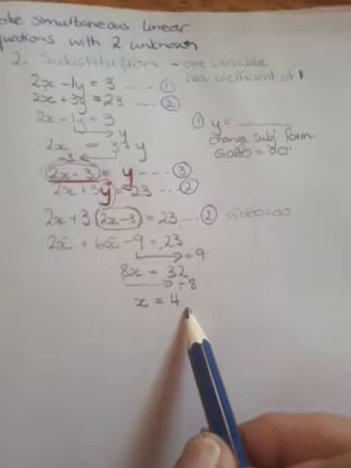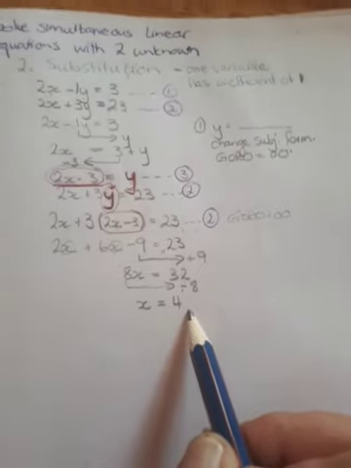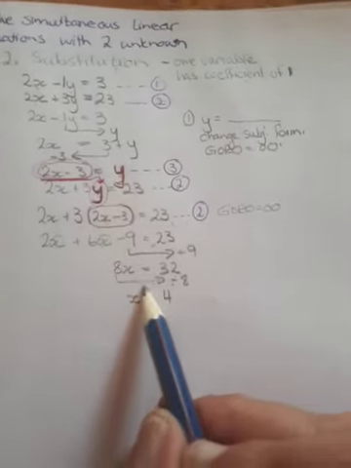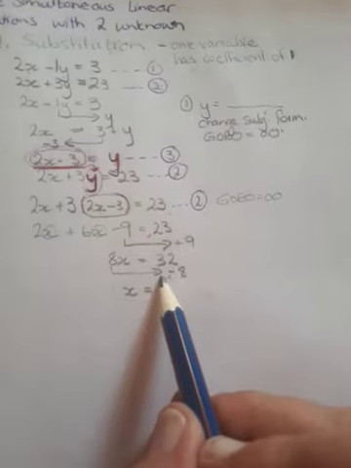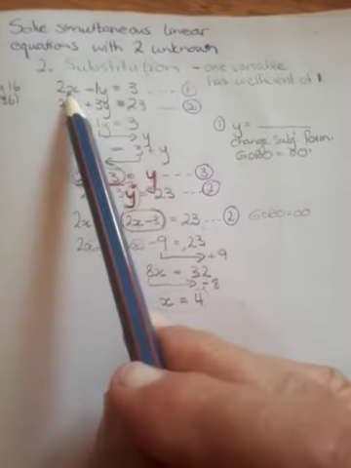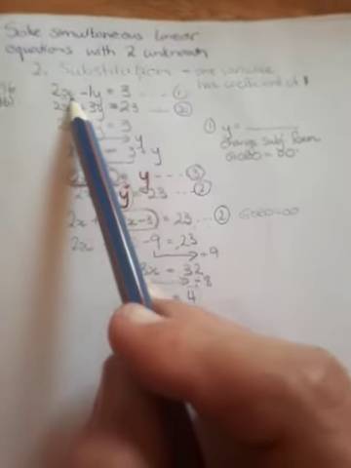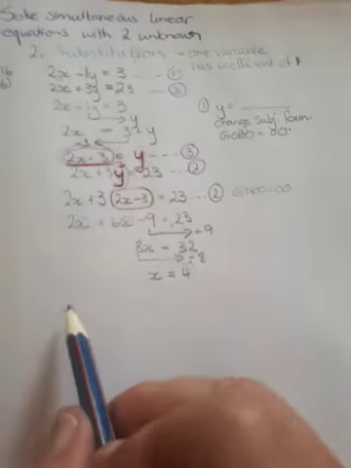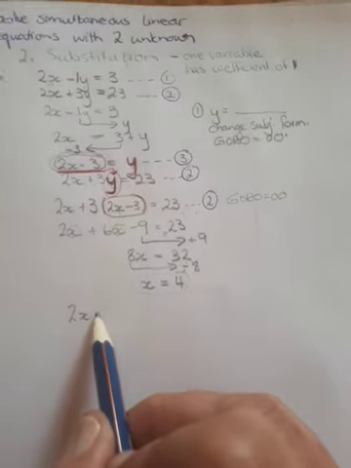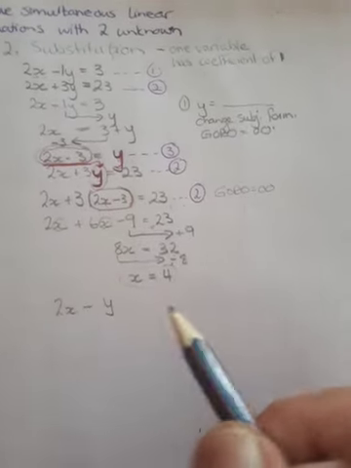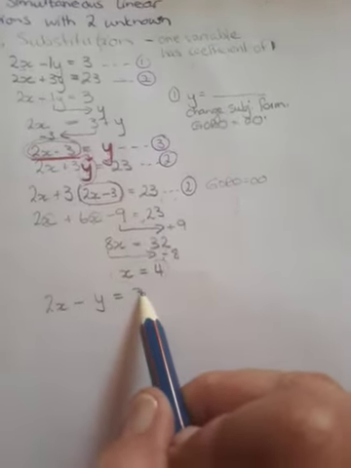Now the method is the same as we did for elimination. When you have the value of one of the variables, you use either one of the equations that you are given. So I'm going to use the first one, which is 2x minus y, or 1y, equals 3.